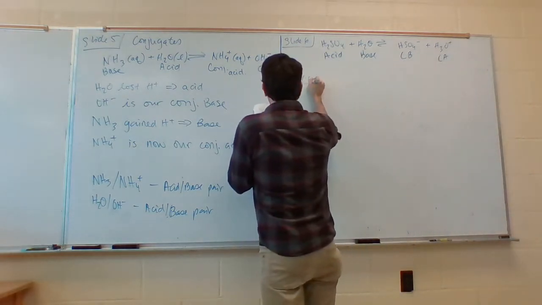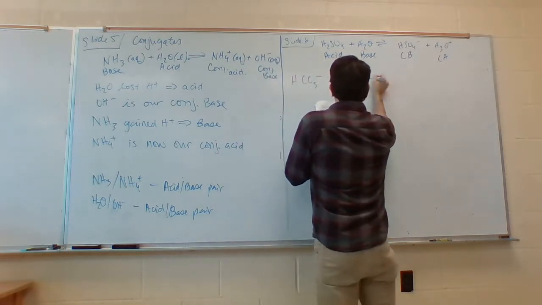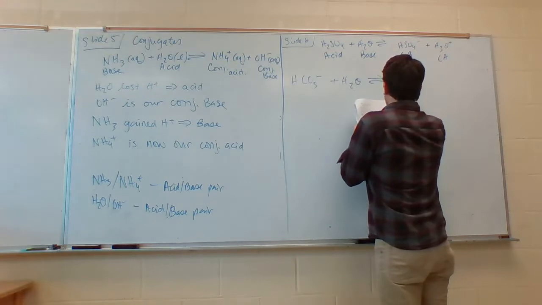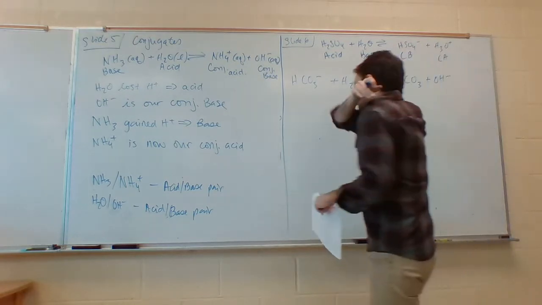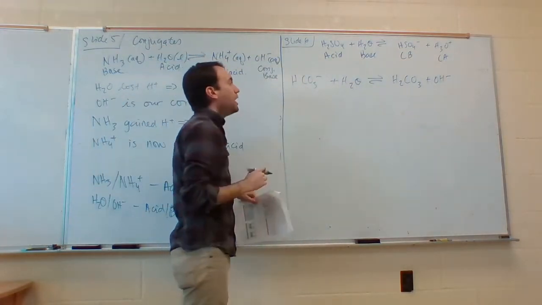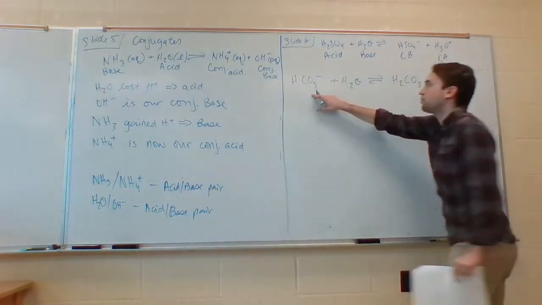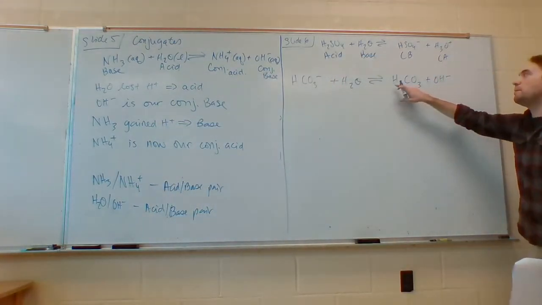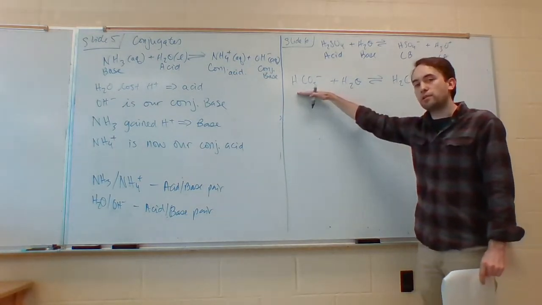We have HCO3 minus plus H2O in equilibrium with H2CO3 plus OH minus. So now we have HCO3 minus, and what does it become? Notice that over here it became H2CO3. So did this gain or lose a proton?